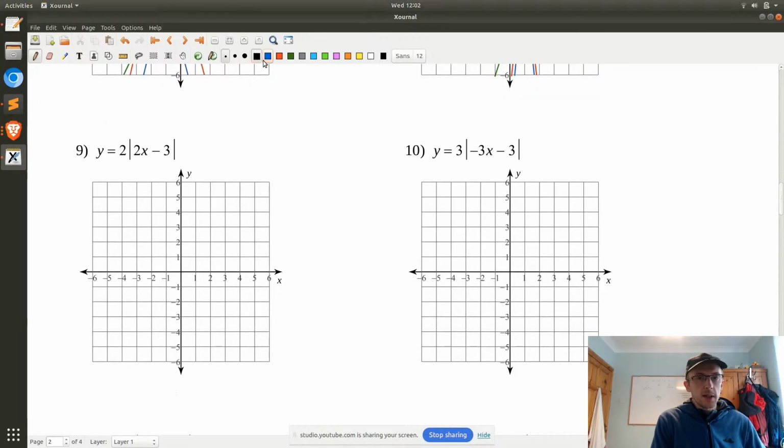Ordinary 2x take 3. Let's see if we can do it a little bit faster than that. Right. 2x take 3. That's the start of it, but as you know, it sort of bounces off there like that.